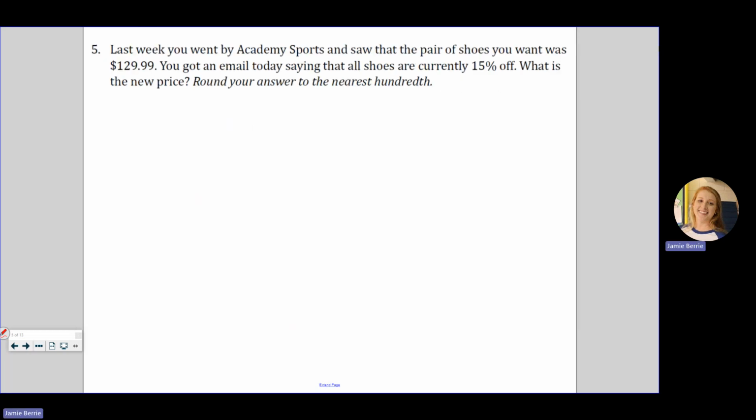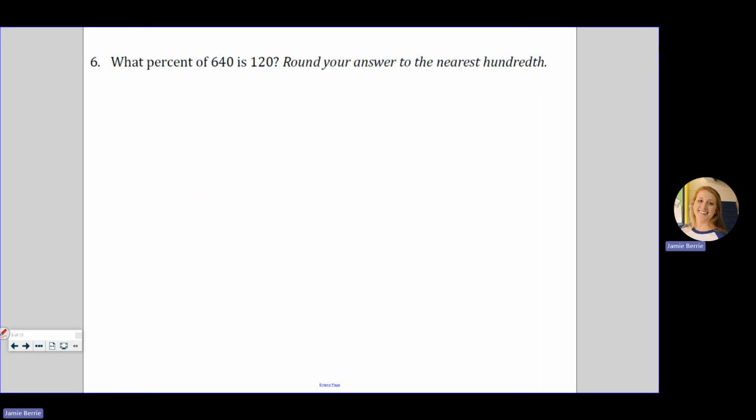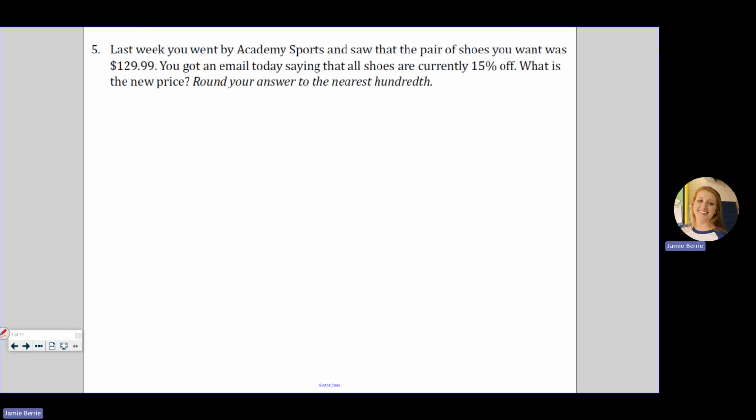All right, I tried to choose some percentage problems where each one was a little different. So we'll just talk about this one because this one's really easy. It says, last week you went by Academy Sports and saw that the pair of shoes you want is $129.99.